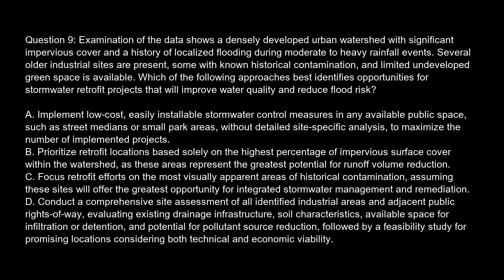Option D. Conduct a comprehensive site assessment of all identified industrial areas and adjacent public rights-of-way, evaluating existing drainage infrastructure, soil characteristics, available space for infiltration or detention, and potential for pollutant source reduction, followed by a feasibility study for promising locations considering both technical and economic viability.